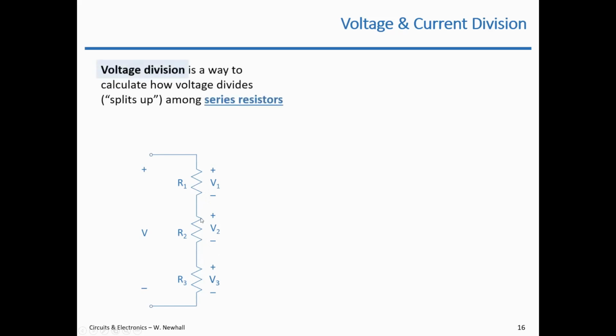It's called voltage division. And so voltage division is a way to calculate how voltage divides among resistors. And by divide, I don't mean like a divide sign. I mean splits up. So if you know the voltage across this whole series set, voltage division is a way for you to calculate how the voltage splits up into V1, V2, and V3. So given V, find V1. That's an example.